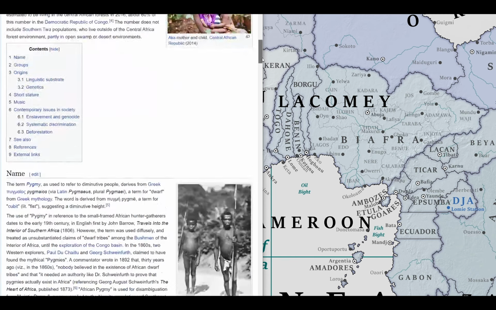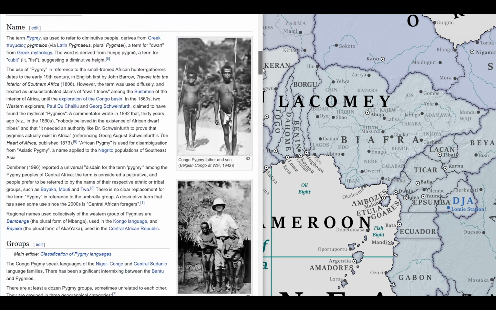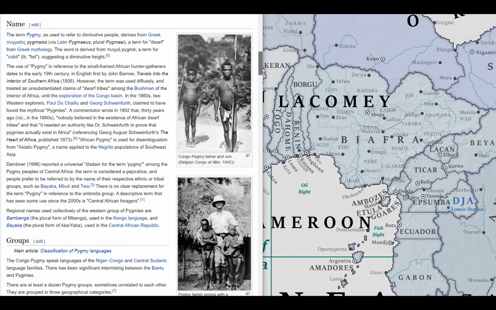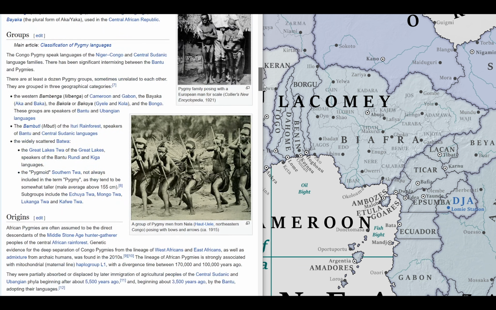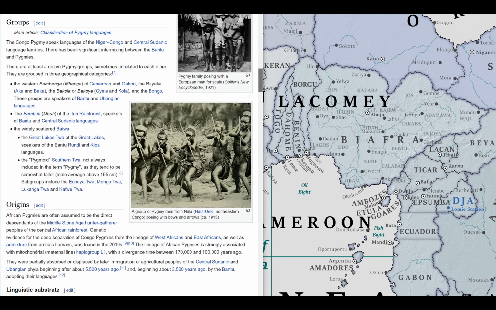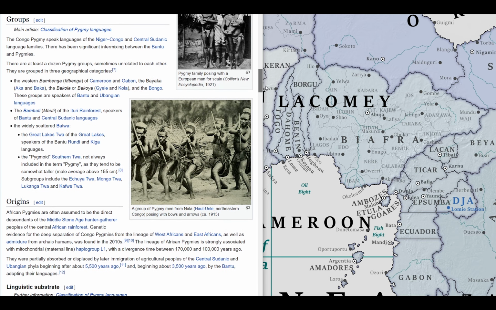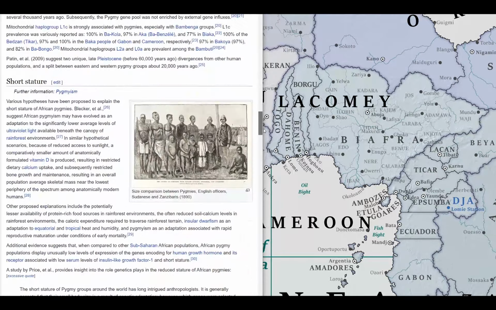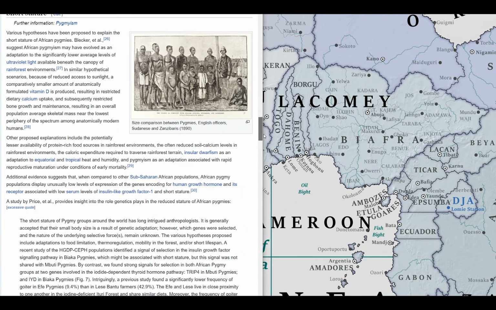Some people are surprised to know that there are people in this world who, not due to malnutrition, but just genetics, are a lot shorter than the majority of the people. And even if you give them a similar diet as the people next door, they won't grow to the same height on average.